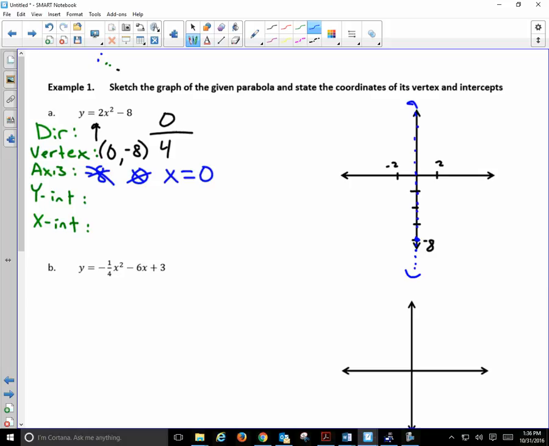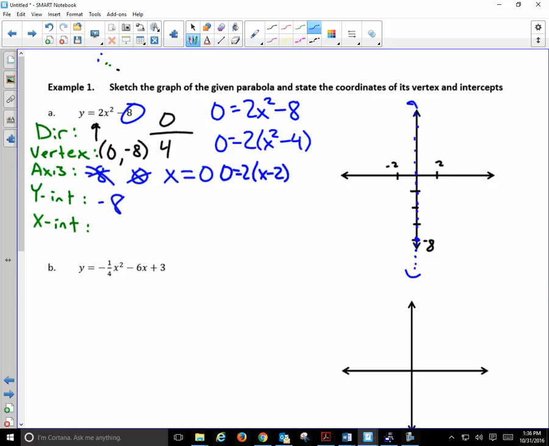All right. Y-intercept. Negative 8. X-intercept. Got two options. I can either factor or use the quadratic formula. Does it factor? It does. 0 equals 2x squared minus 8. What do I factor out? 2. So x squared minus 4. 0 equals 2 times x minus 2 times x plus 2.